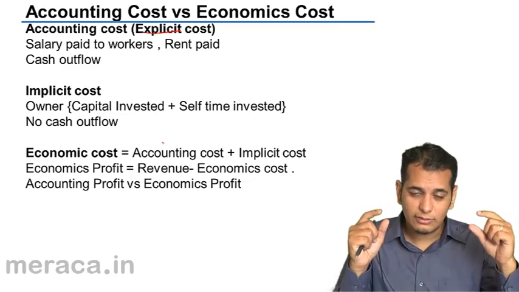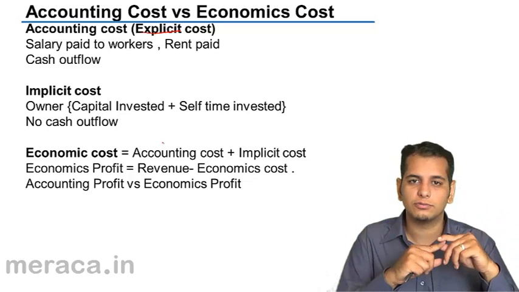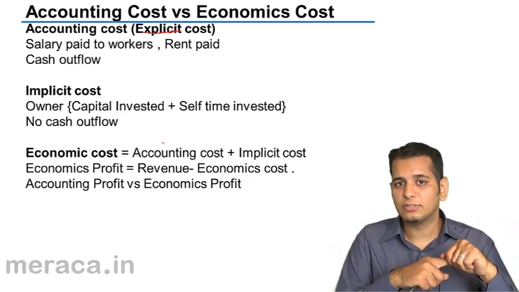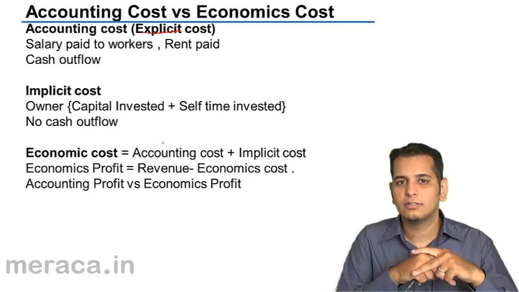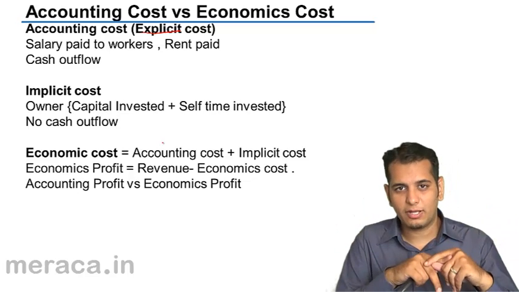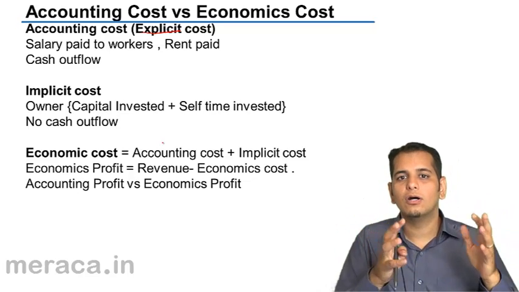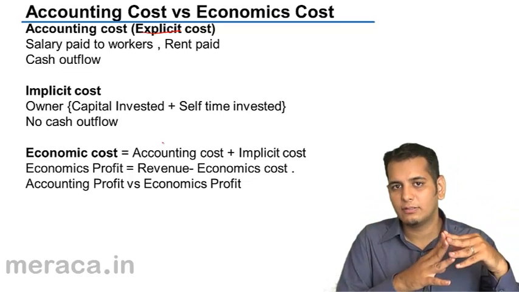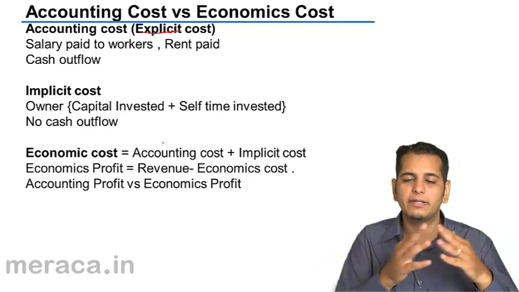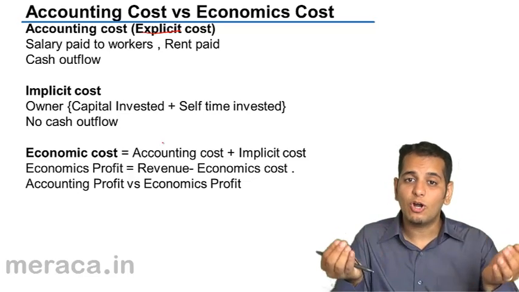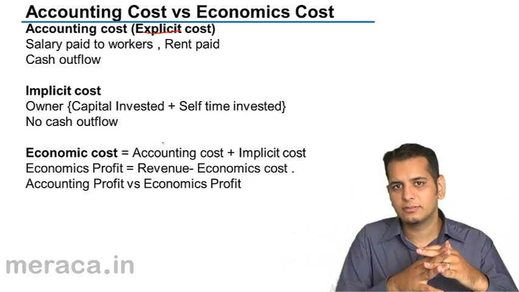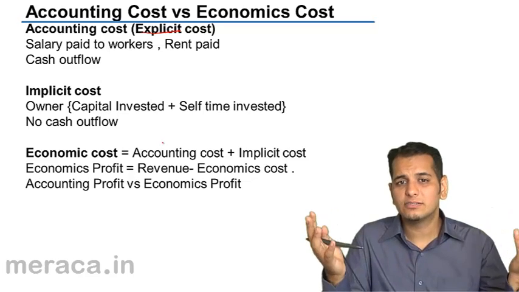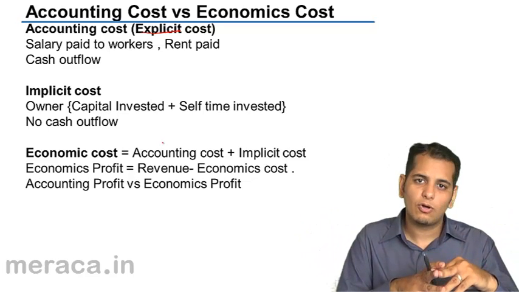But the rent that he has foregone, the rent that he has sacrificed for self production, is the implicit cost. Because land is a factor of production, it should also earn something, and land earns rent always. But since the land is owned by him, he does not give himself any rent. So he does not account for it. And normally, this is how we go about costs in our books.